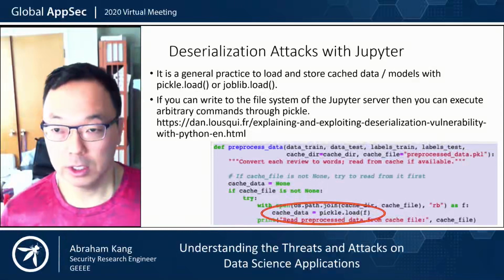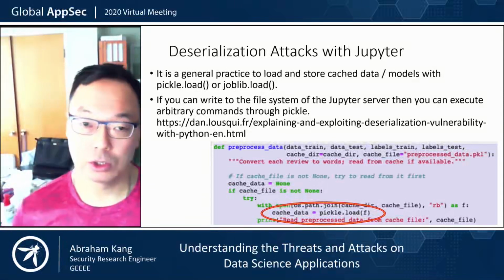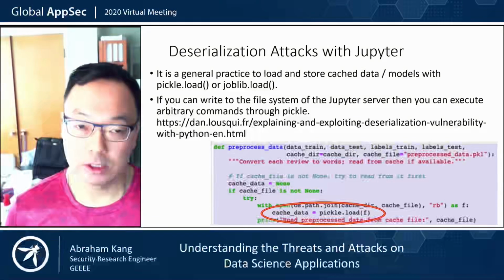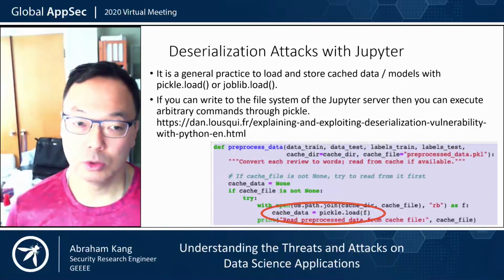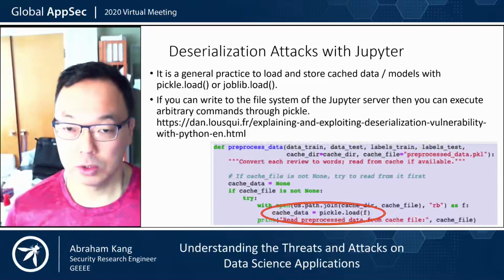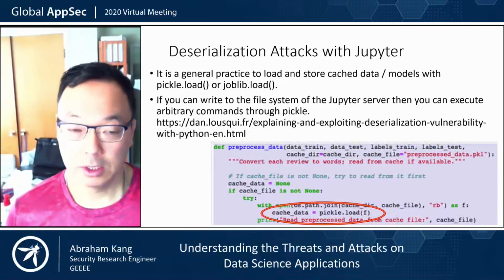The other thing is, since we're here talking about application security, a common practice among these Jupyter notebooks and the models is to use pickle load or joblib.load to serialize or deserialize the models or the data associated with the notebooks.